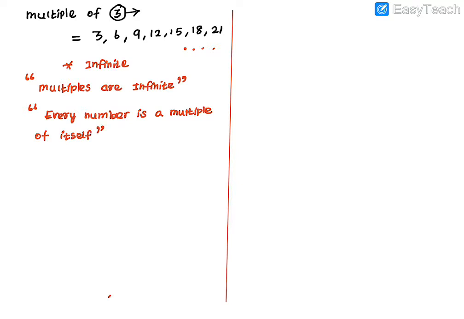If you take 2, first you will write 2, 4, 6, 8, 10, like that. If you take 6, first you have to take 6. That means whichever number you are going to find the multiples of, you have to start with that number first. That means every number is a multiple of itself.